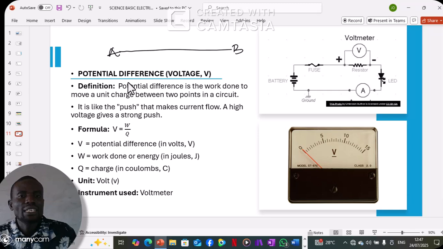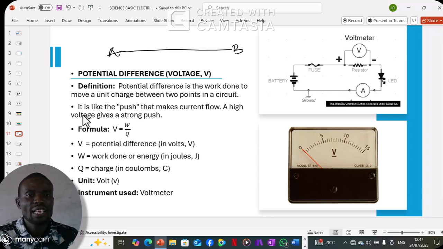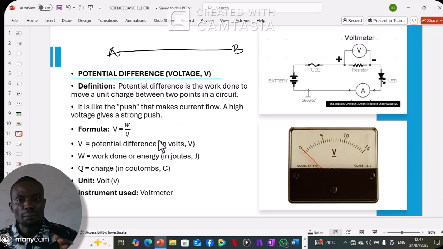Okay, so it is like a push. Look at it here. I said it is like the push that makes current flow, the push that pushes the electric charges to move from one point of the conductor to the other. The electrons cannot just move. Under static electricity, charges are produced. I've explained the three methods of producing electric charges.